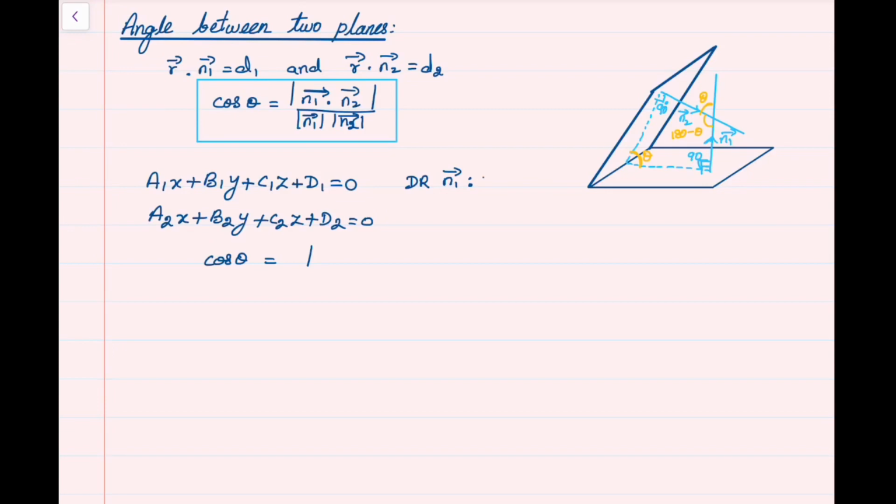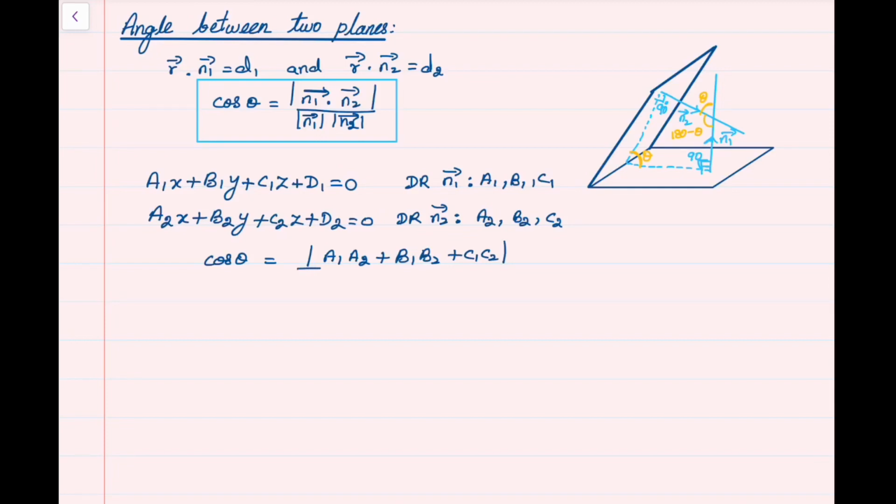DRs of vector n1 are the coefficients of x, y, z terms: a1, b1, c1, and DRs of normal to the second plane, the coefficients of x, y, z are a2, b2 and c2. Cos theta formula will be, let us find the dot product. It is a1 a2 plus b1 b2 plus c1 c2.